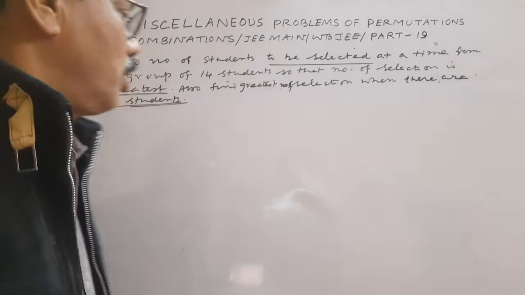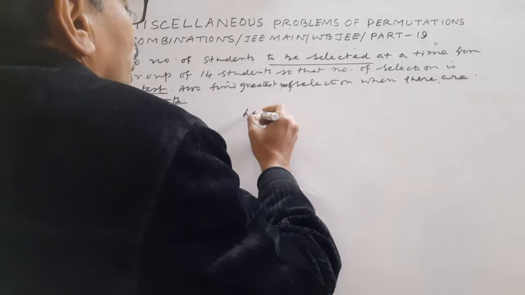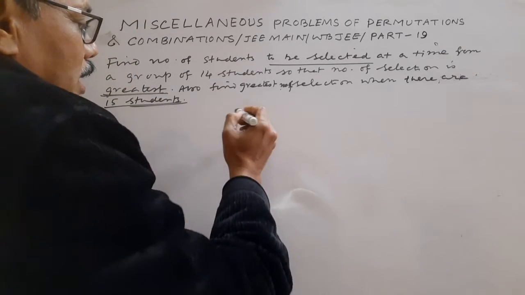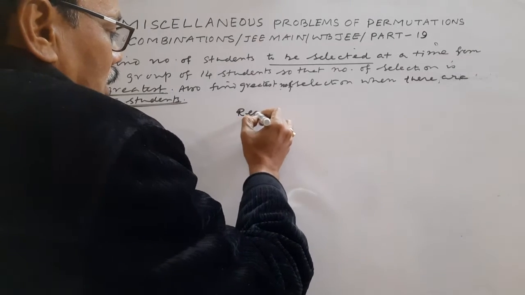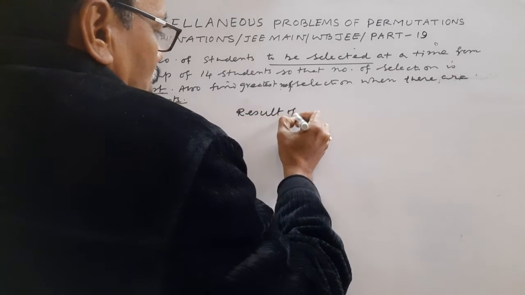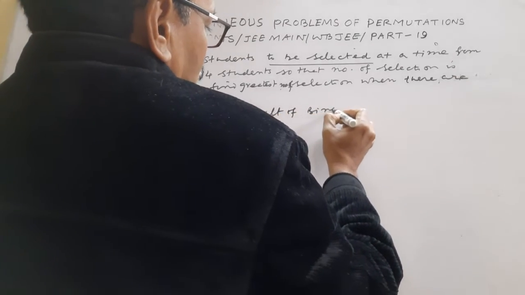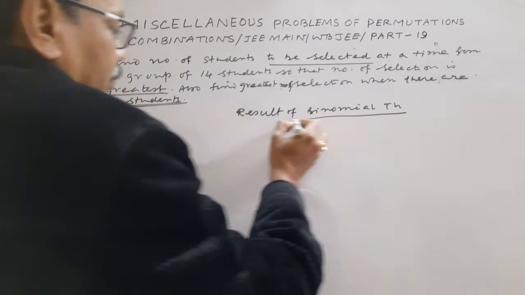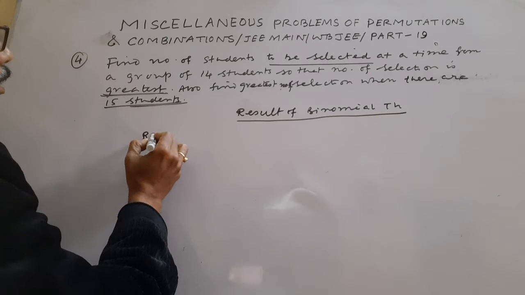So look at the theory first. It is not done. Look at the theory. It is a result of binomial theorem. So what is the result?